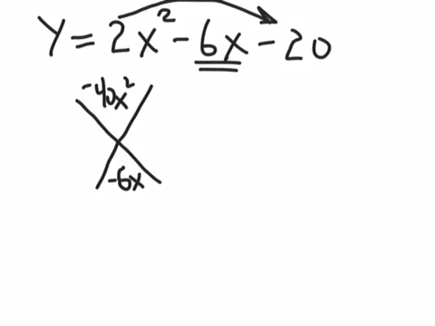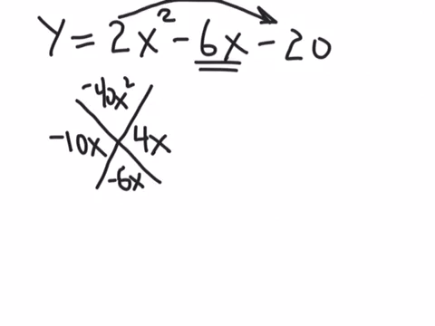We need 2 numbers that multiply together to give negative 40x squared, but if I add them together, I get negative 6. 4 times 10 is 40, if I make one of them negative. So this will work, I think. Negative 10x times 4x gives me negative 40x squared, and if I add them, I get negative 6.